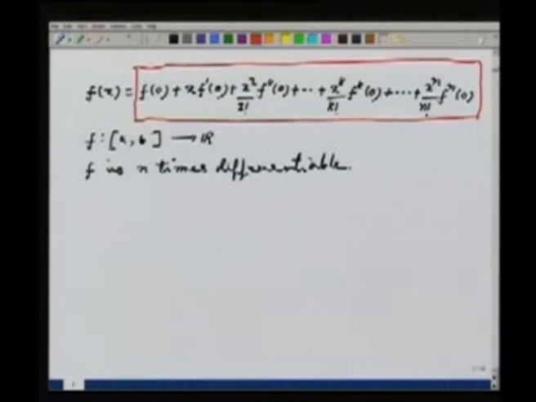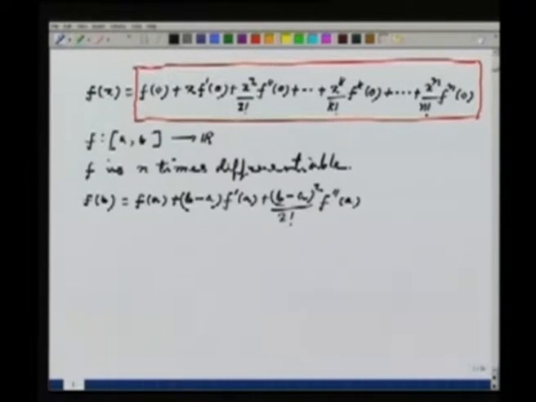Now, in terms of b and a, it should then look like this: f(b) equals f(a) plus (b minus a) times f prime(a) plus (b minus a) whole square divided by factorial 2 times f double prime(a) plus and so on, up to the last term, (b minus a) whole to the power n by factorial n times f^(n)(a). Question is, is this true?